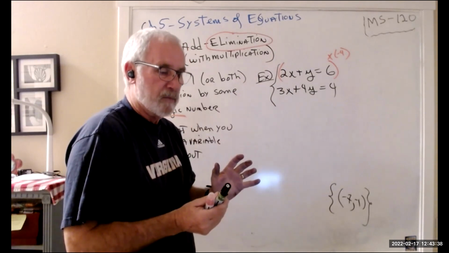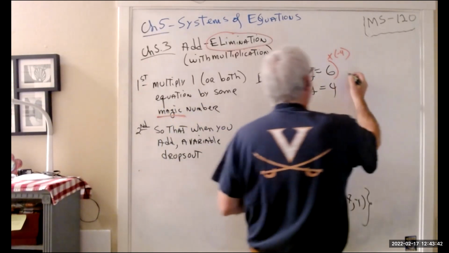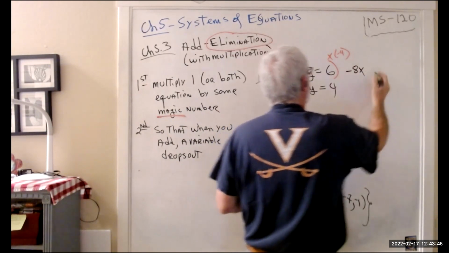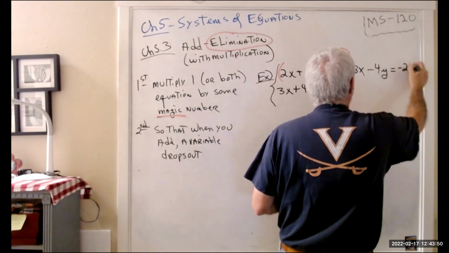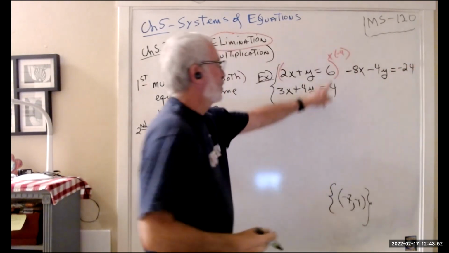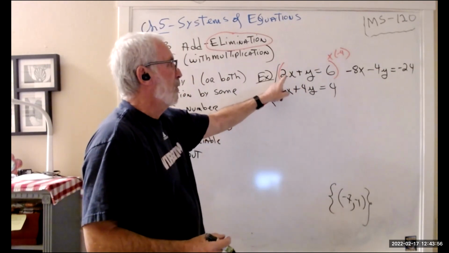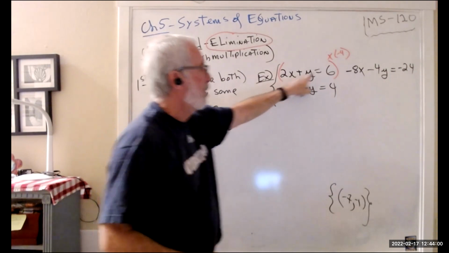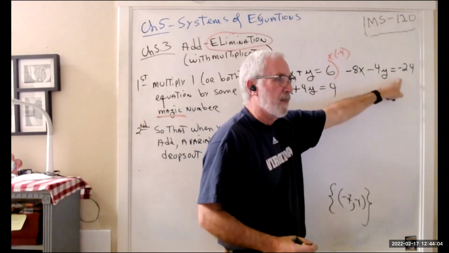They get dropped out. So what happens? If I multiply everything by -4, I get -8x minus 4y equals -24. So I took the top equation, multiplied everything by -4. -4 times 2 is -8. -4 times y is -4y. -4 times 6 is -24.